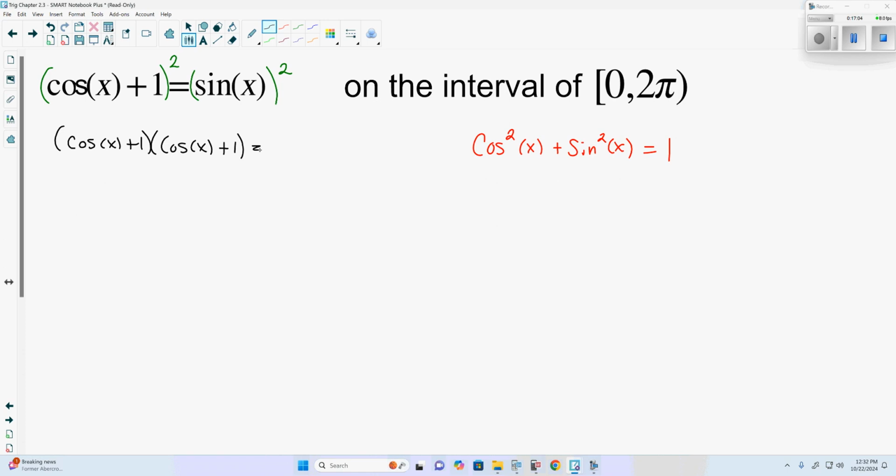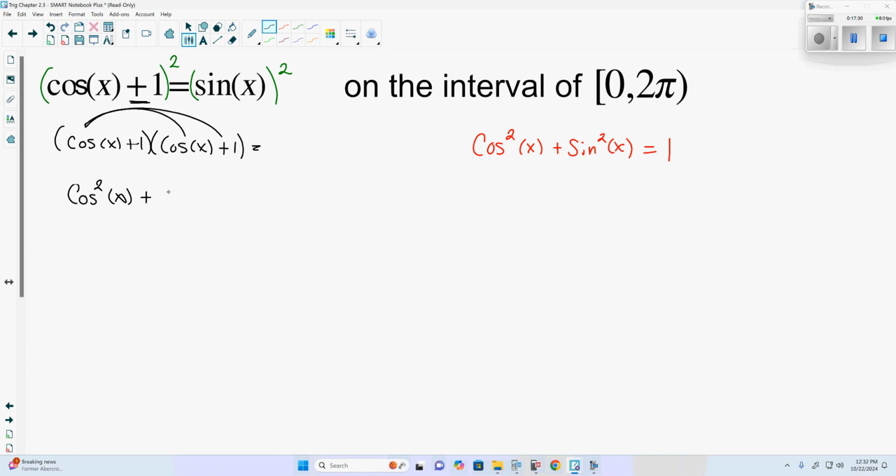And the reason I'm rewriting this out is because of the plus 1. We can't just square both terms and be done. We actually have to multiply it all the way out. Cosine of x times cosine of x is cosine squared of x.